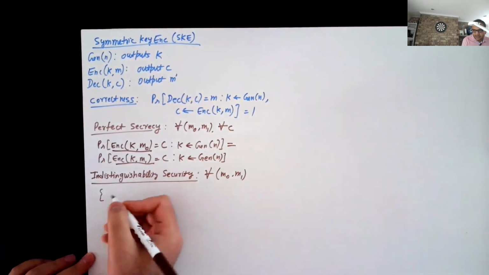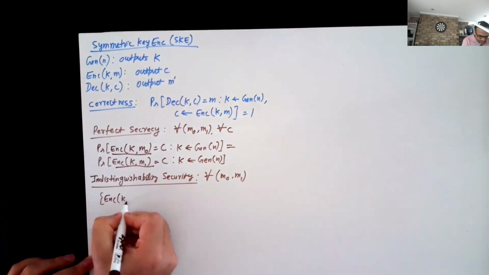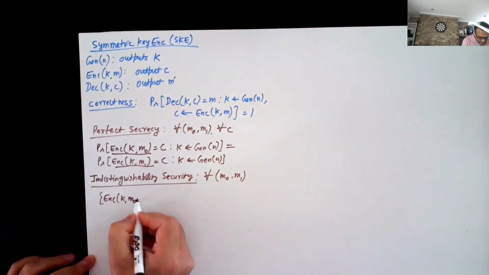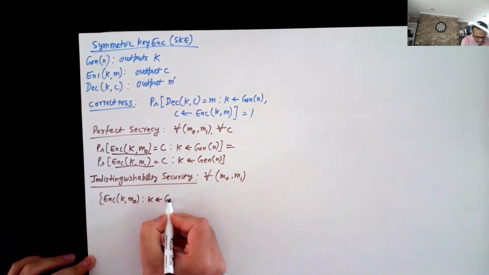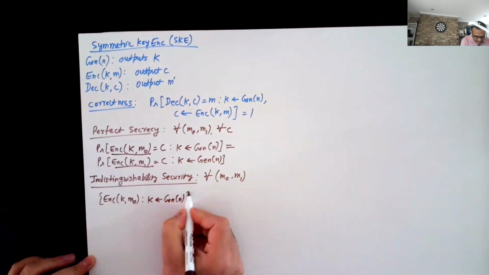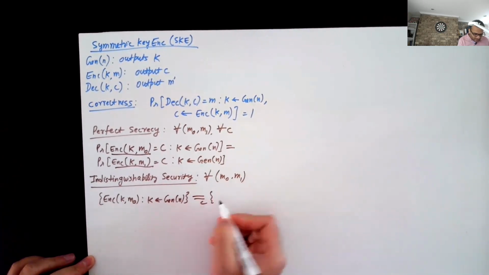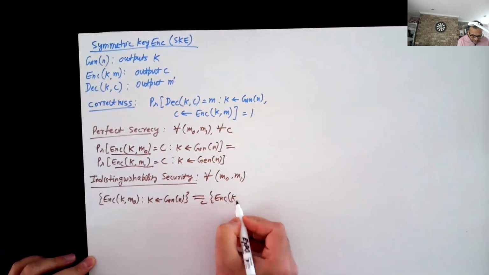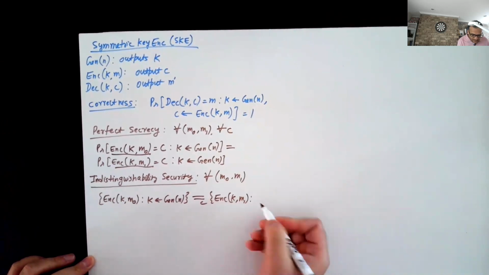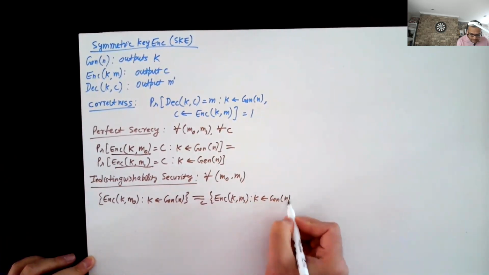So on the left side, we have encryption of M0, and a key is generated properly. That always goes without saying. So this is computationally indistinguishable from the ciphertext produced by M1, and again the key is generated properly, right?